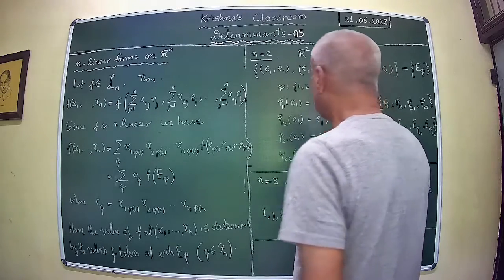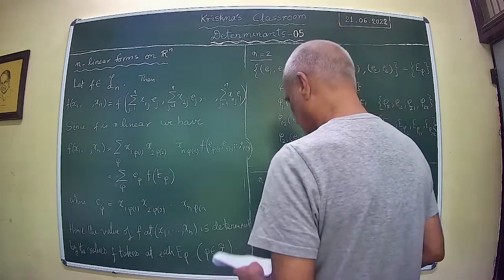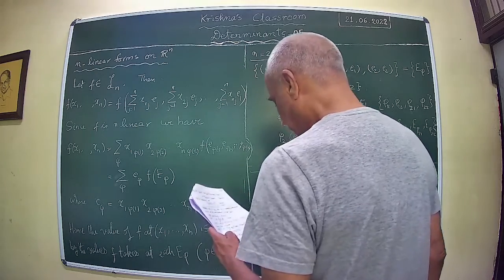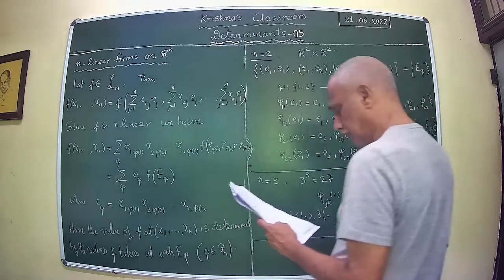Now what we have observed is that the space of all n linear forms on Rn forms a vector space.